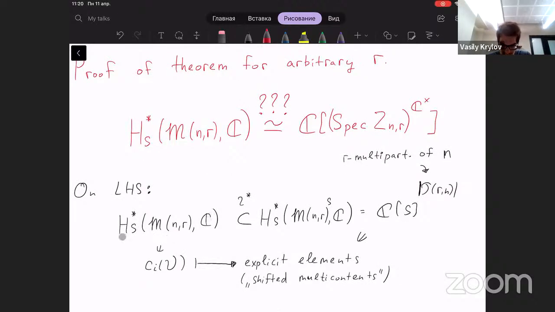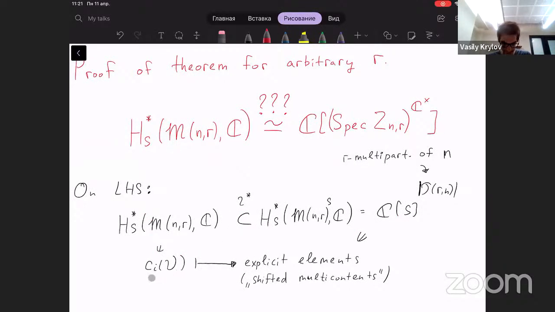We have equivariant cohomologies embedded inside the equivariant cohomologies of fixed points, which are just functions on our torus to the power of the number of R-multi-partitions of n, because fixed points here are parameterized by R-multi-partitions of n.